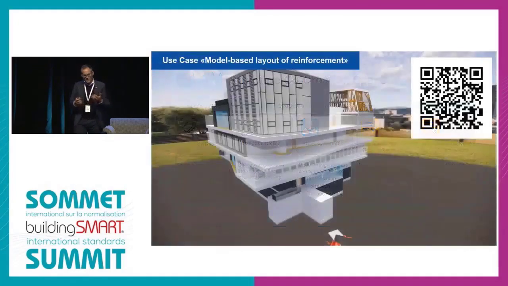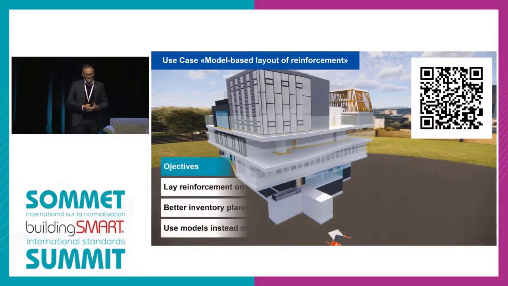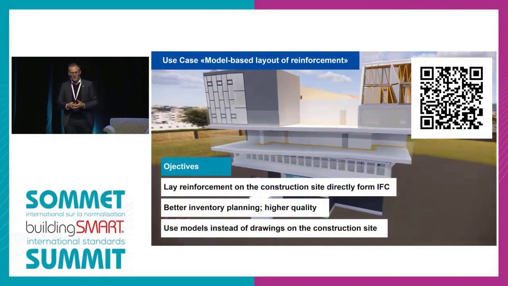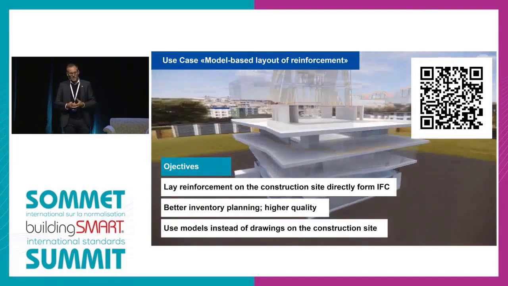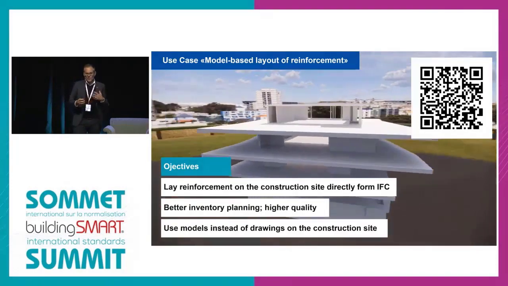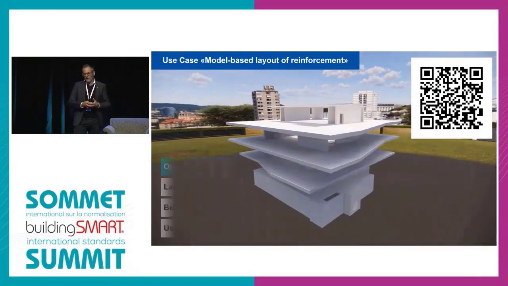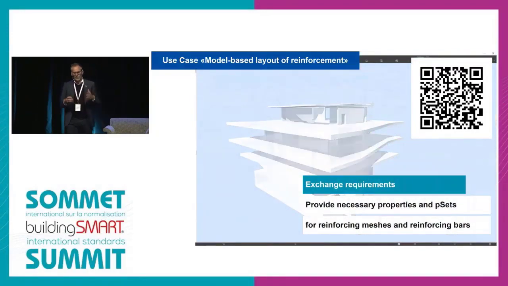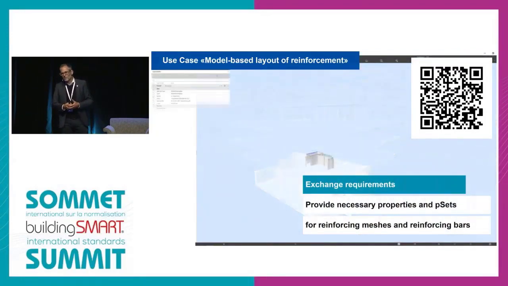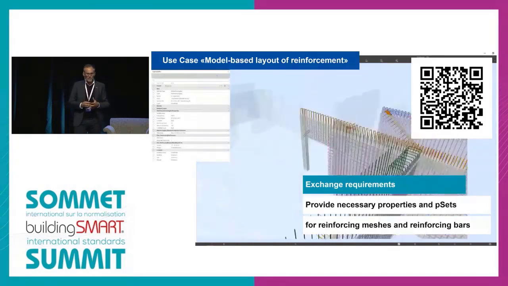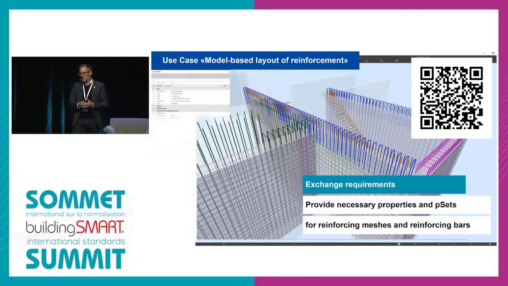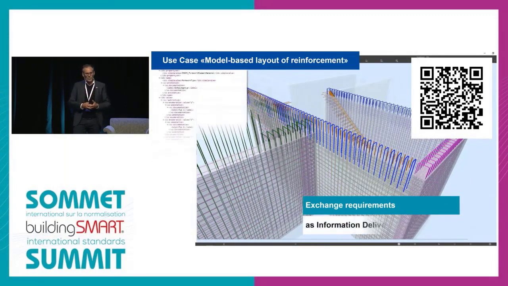And just as one example of many possibilities, we see here a reinforcement definition, where people have got together and defined the process: how do we actually automate the production of reinforcement in the project? They have defined their roles, their processes, and the exchange requirements that are needed in the project.